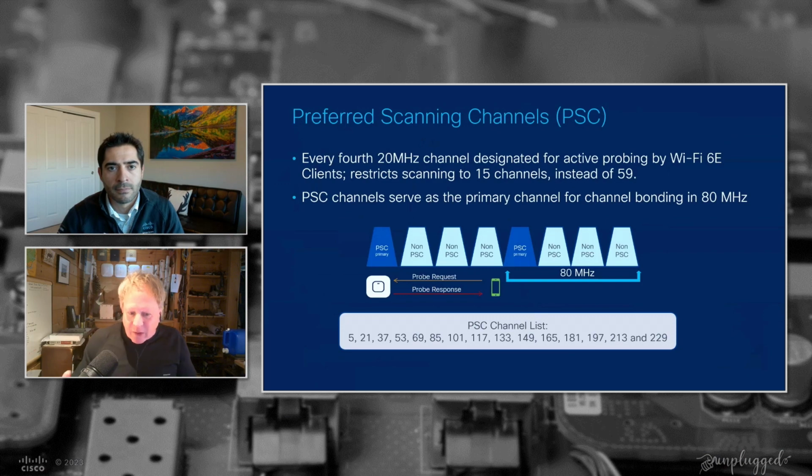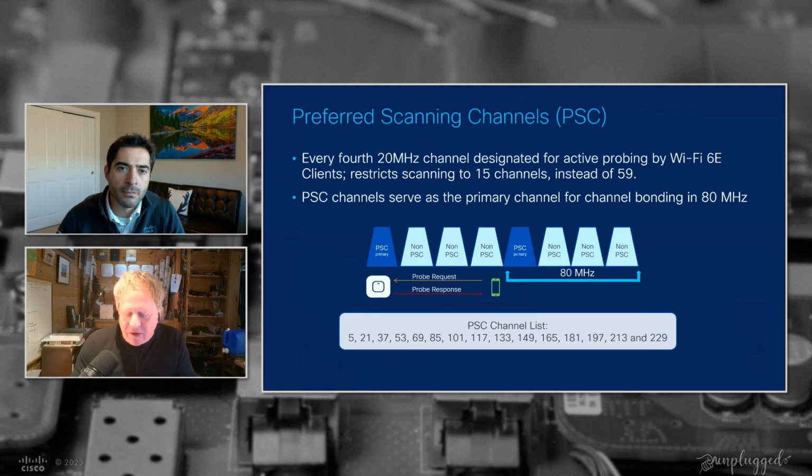Now, when you look at active methods from the client's perspective, how does the client do active probing instead of just listening for the passive methods like a FILS? We use a preferred scanning channel for that, or what we call PSC. The example we're showing here uses 80 megahertz channels.